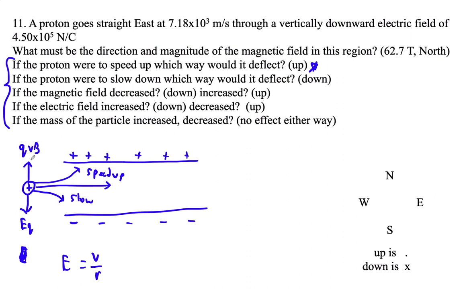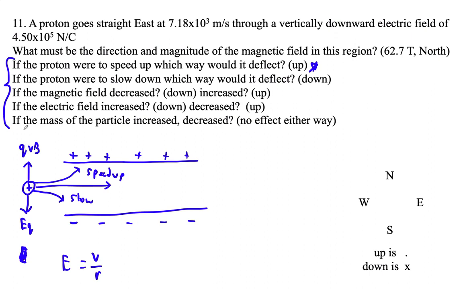And if you increase the magnetic field, it'll deflect upward because the upward force is bigger. If the electric field is increased, you deflect downward because the downward force depends on the electric field, and this does not. And if you decrease the electric field, then this force would be stronger, so it would deflect up.